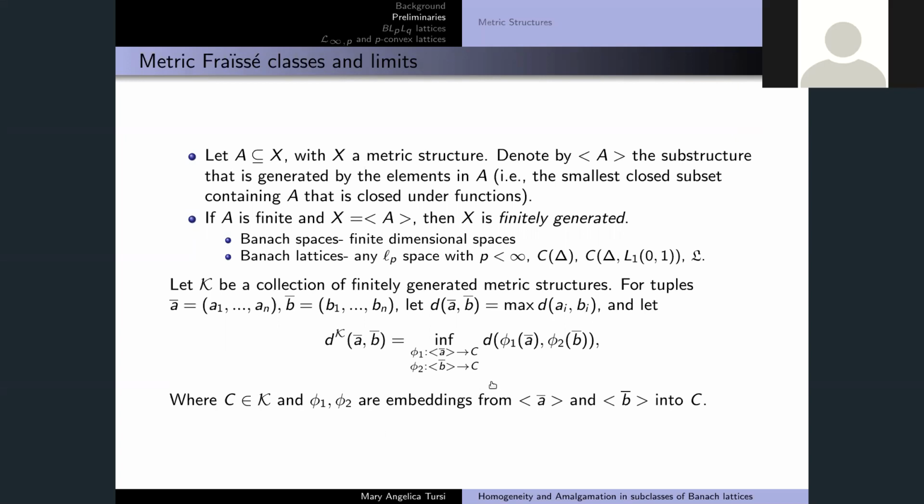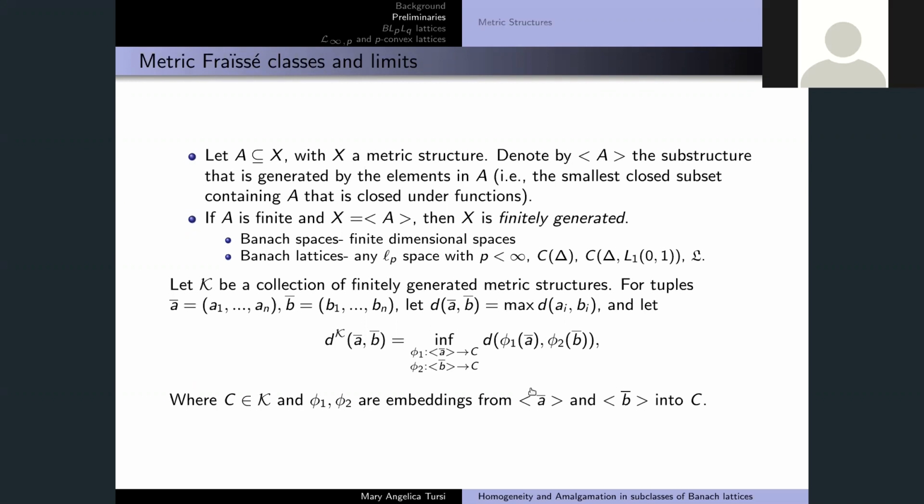So the idea is that if these distances are small, then I can put the generating elements of the structure with the appropriate embedding into a larger structure, and then these elements are going to be really, really close. Now, the thing about this is that being close does not necessarily mean that you are isomorphic in any way.